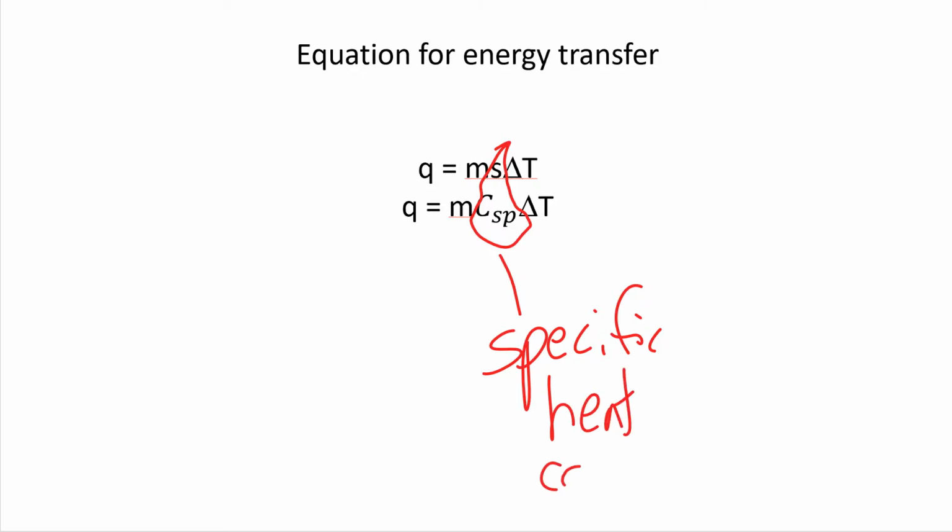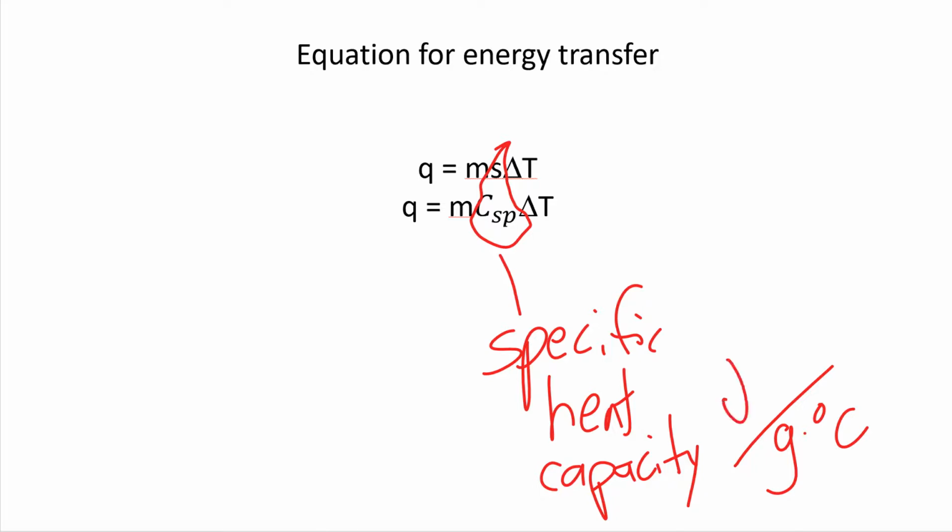Specific heat capacity is the amount of energy it takes to increase 1 gram of a substance by 1 Celsius. That energy can be in joules or in calories. Joules is the metric system measurement of energy, and calories is the imperial system of energy measurement.